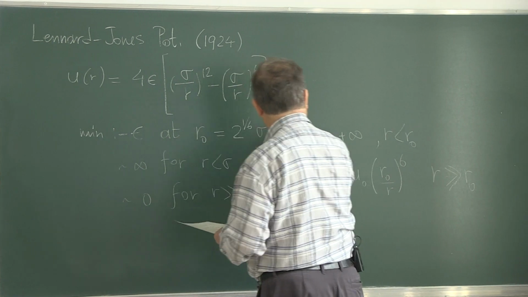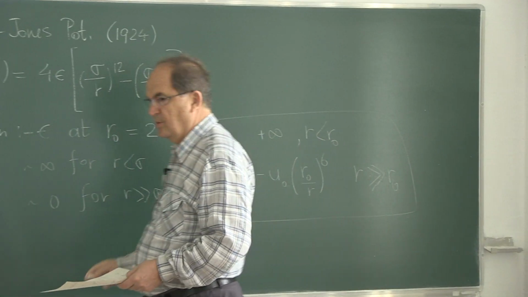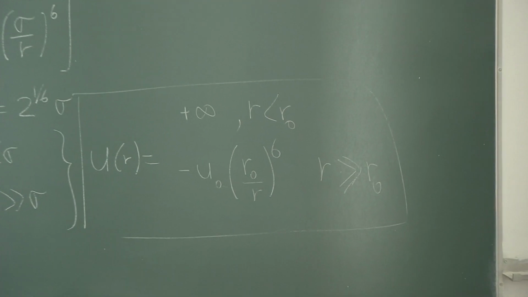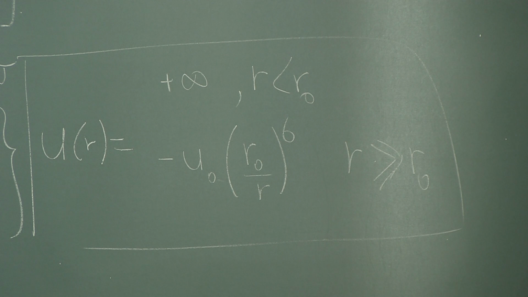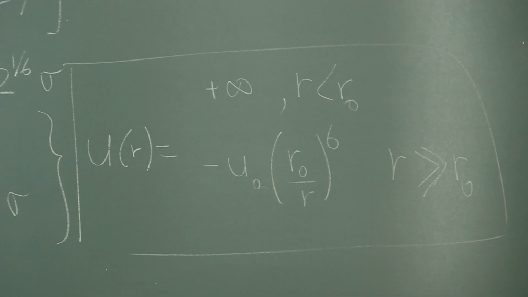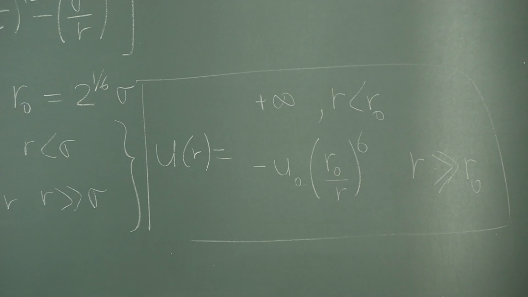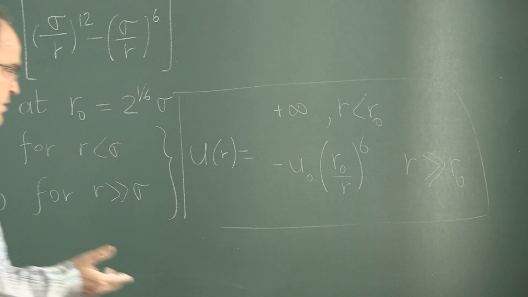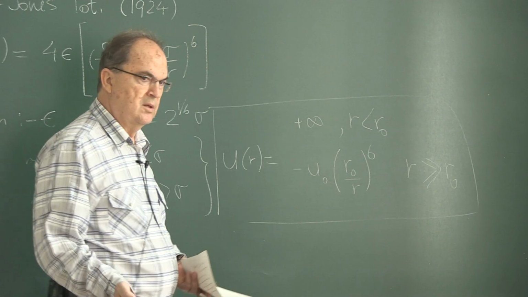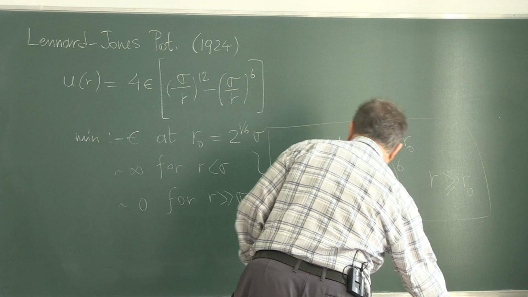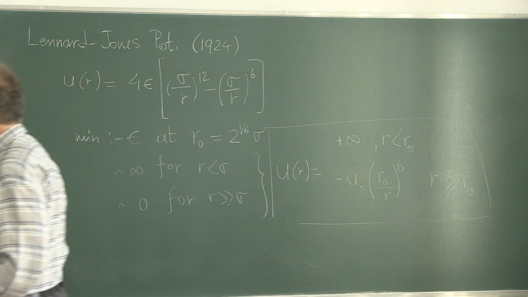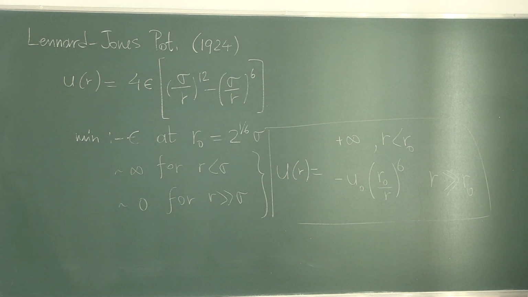So that is the model that we are going to use. To make the calculation simple, that's what I'm going to do, and calculate the second virial coefficient. It's a nice problem, isn't it? U(r) is given, calculate the second virial coefficient, this quantity. We know the first one.